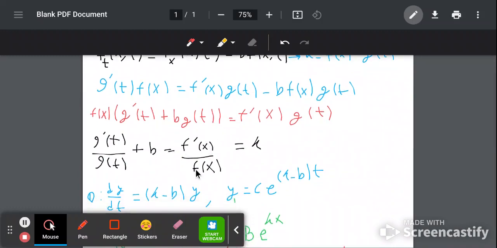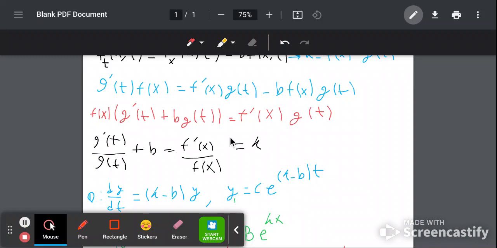Now, this condition, where g prime of t over g of t plus b is equal to f prime of x over f of x, only occurs when both of them are equal to the same constant, because they can't be equal to an expression in terms of x or t. That wouldn't make sense. The only way they can be equal is, for example, both being equal to 1 or 2 or 0.